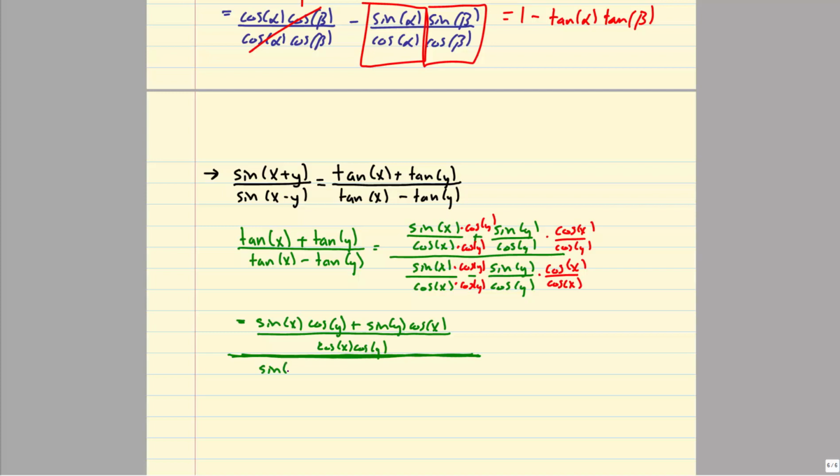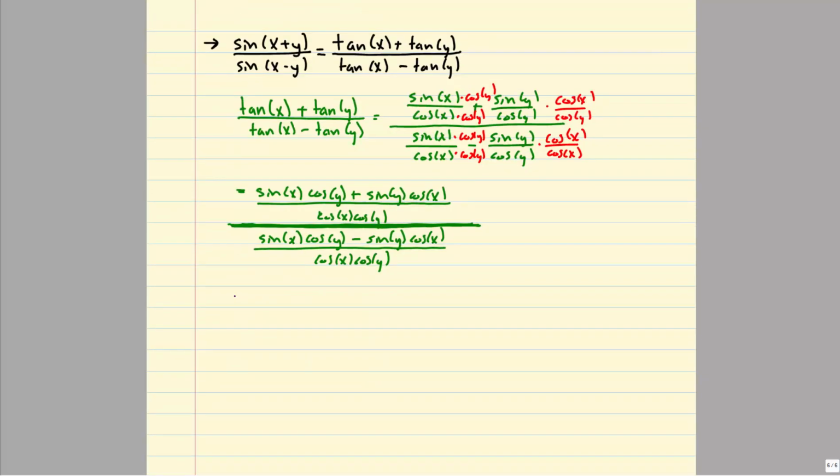Then I'll be left with sine x cosine y minus sine y cosine of x, and this is over cosine x cosine y. Now again, this big fraction bar is kind of splitting us up into that numerator and denominator. So remember, our rule is when you divide by a fraction, you multiply by the reciprocal.